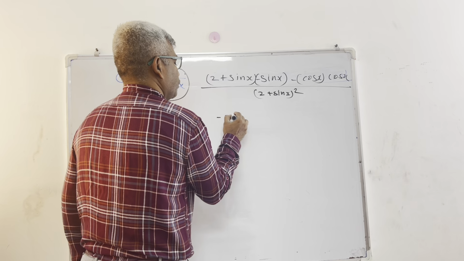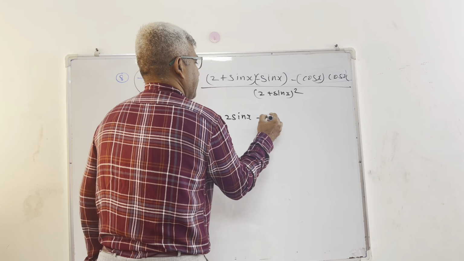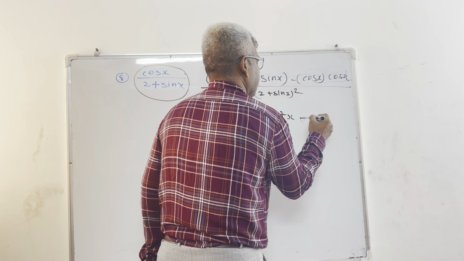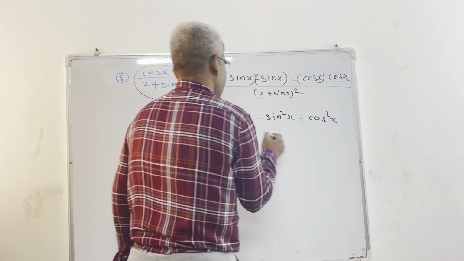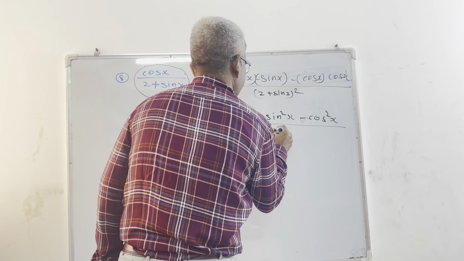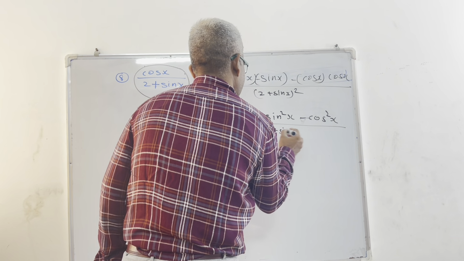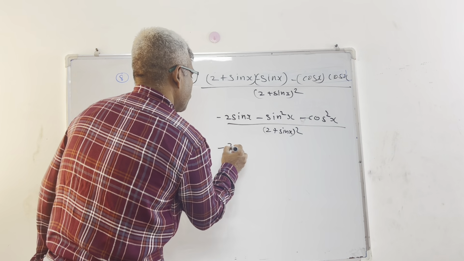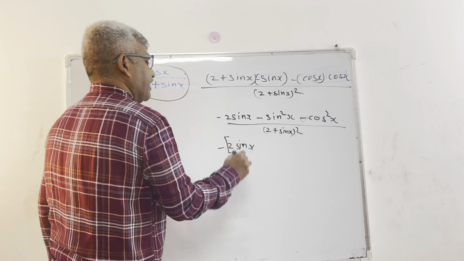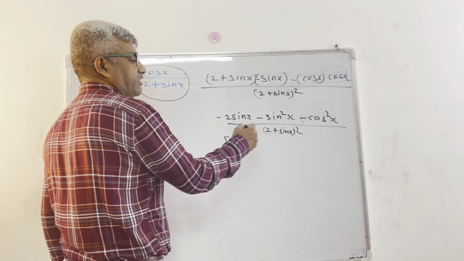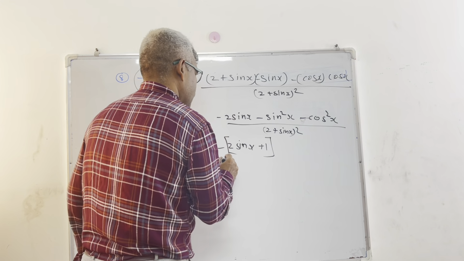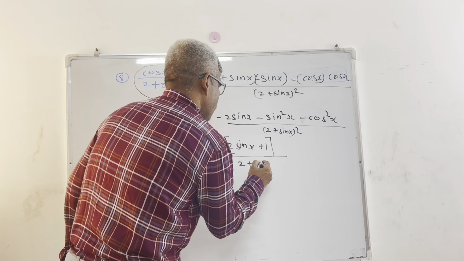So minus 2 sin x minus sin squared x minus cos squared x, divided by 2 plus sin x whole square. If I take minus out, it will be 2 sin x plus sin squared x plus cos squared x, which is 1. So 2 sin x plus 1, over 2 plus sin x whole square.